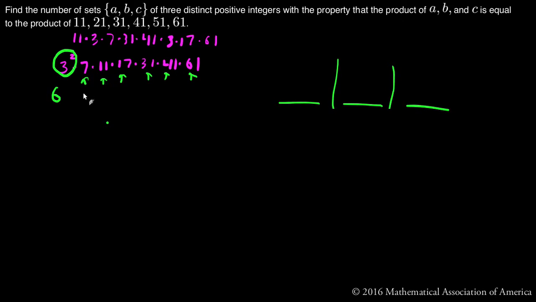So I have 3 choices for 7, 3 choices for 11, whether it's in A or B or C, 3 choices for 17, 3 choices for 31, 3 choices for 41, and 3 choices for 61.